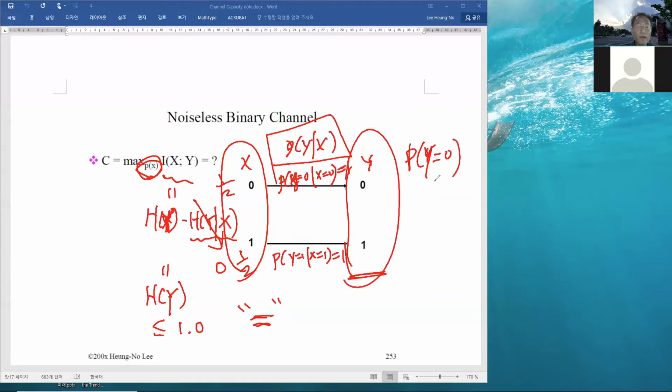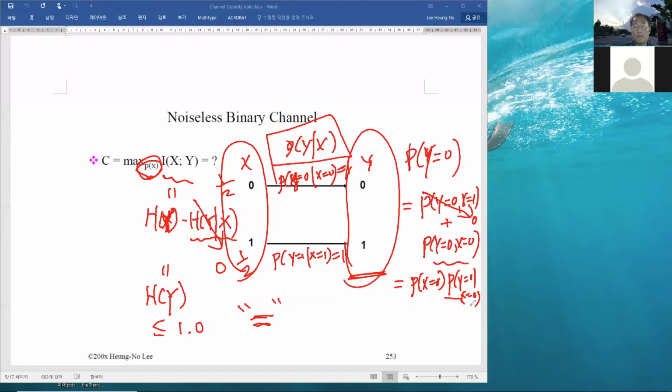So when you use half and half, the probability of Y equal to 0 is the sum over x of the probability of Y equal to 0 given x times p of x. For x equal to 1, that probability is 0. What's left is the probability of x equal to 0, and p of Y equal to 0 given x equal to 0 is 1, so this is p of x equal to 0.